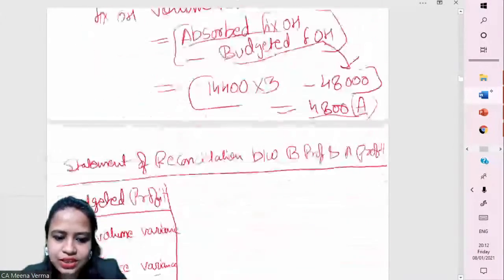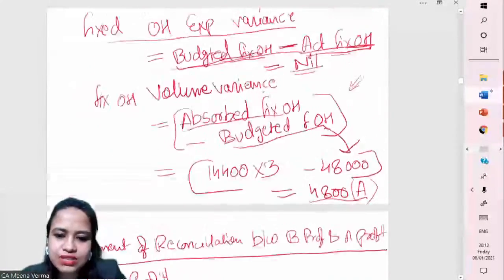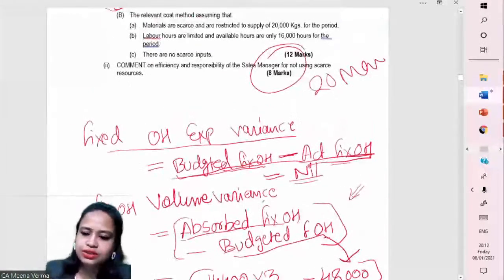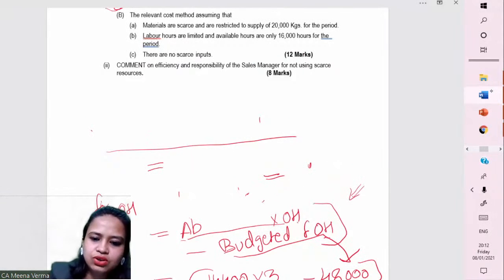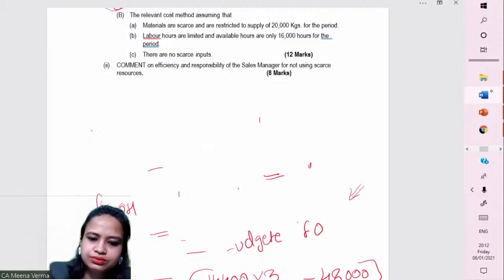Okay, now next, calculate the sale volume variance and price variance. Sale price variance and sales volume variance, calculate it.